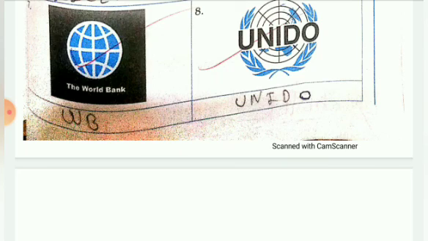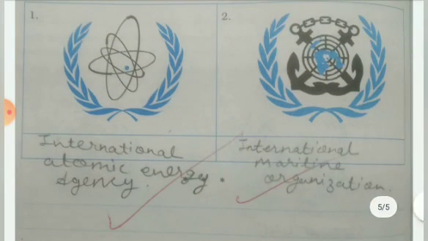This is about UNIDO. Now on the back pages there are some logos, you can write them in the text. So International Atomic Energy Agency, then International Maritime Organization.